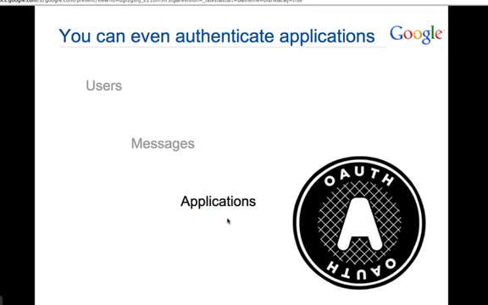You can even authenticate individual applications. So if you had to run a script or utility at a specific level of privilege, you could use OAuth, which is a very common authentication protocol enabling various web applications to authenticate with each other.